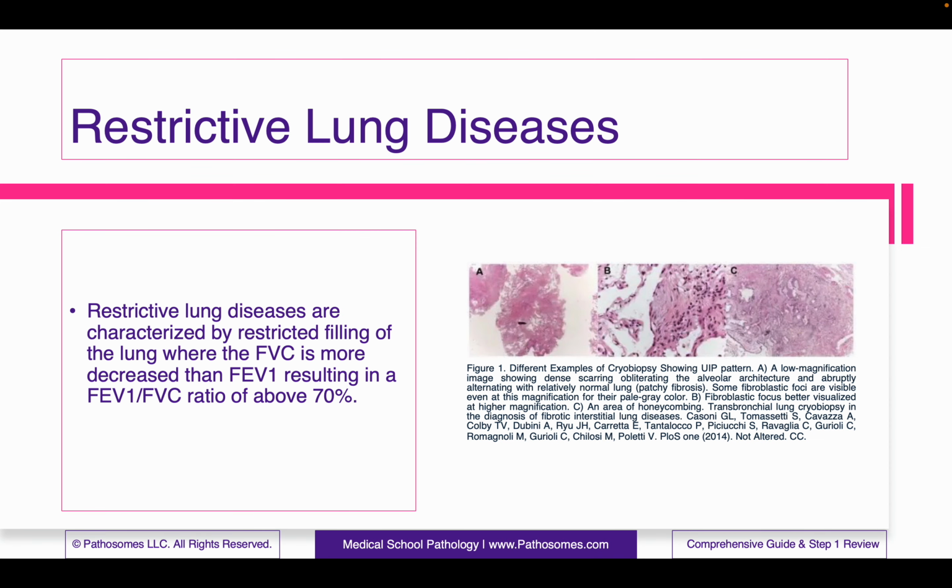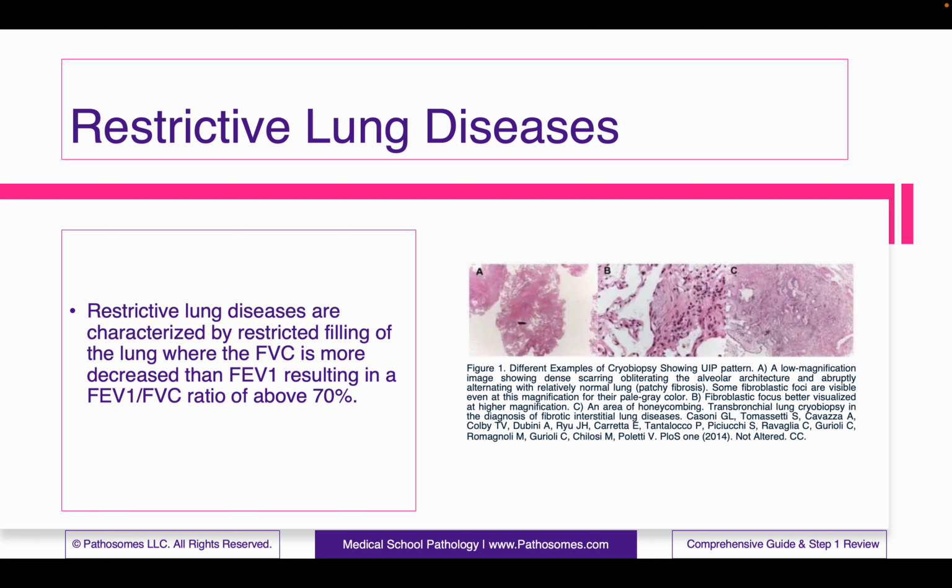Let's talk about restrictive lung disease. Restrictive lung diseases are characterized by restricted filling of the lung, where the FVC, the forced vital capacity, is more decreased than the forced expiratory volume in the first second, resulting in an FEV1 to FVC ratio greater than 70%.